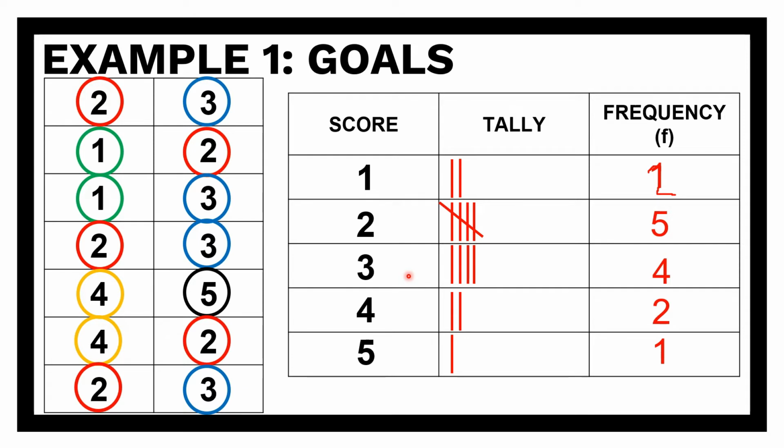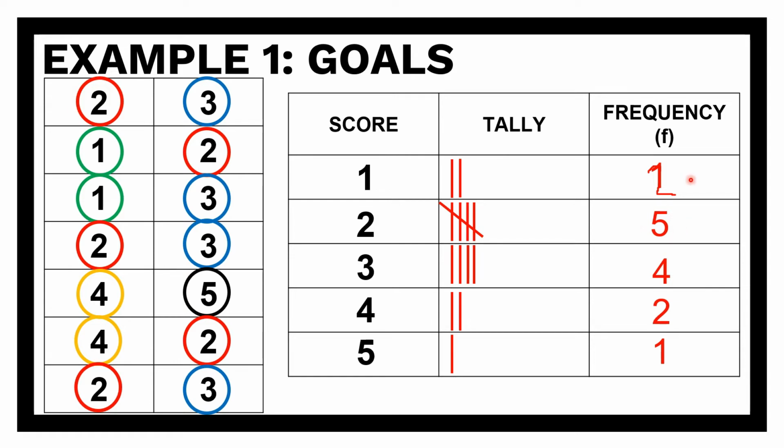They scored 3 four times within those 14 games. They also scored 4 twice. And then 5, they scored only once. Okay? So this simply tells that the majority of their scores is 2 because it has the highest frequency.